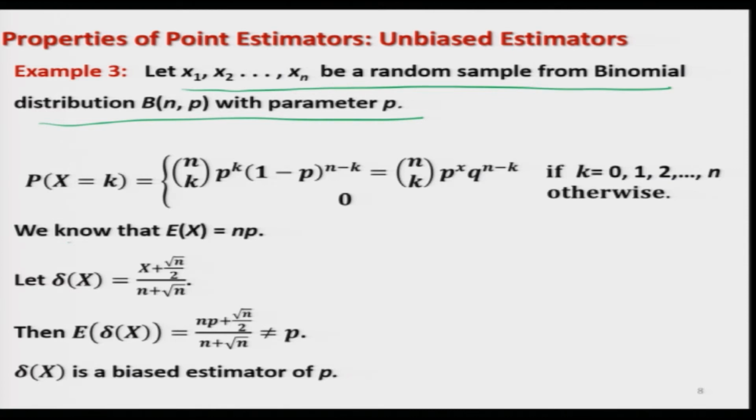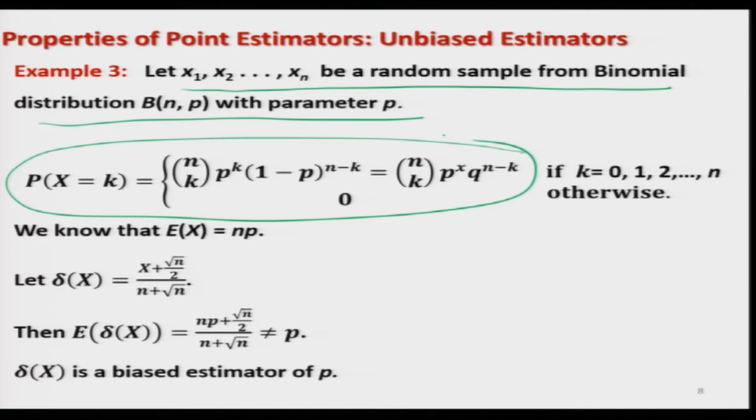So, we know that the probability mass function is given like this, that we had understood earlier, and in this case expected value of x is going to be np. Now, in case you take an estimator, say delta(x) equal to (x plus square root of n divided by 2) divided by (n plus root n), and you take its expectation, this will come out to be expected value of x replaced by np, and all other parts are constant.